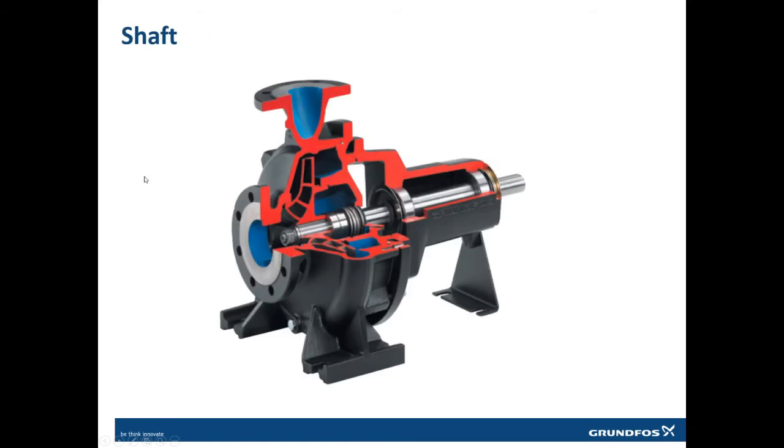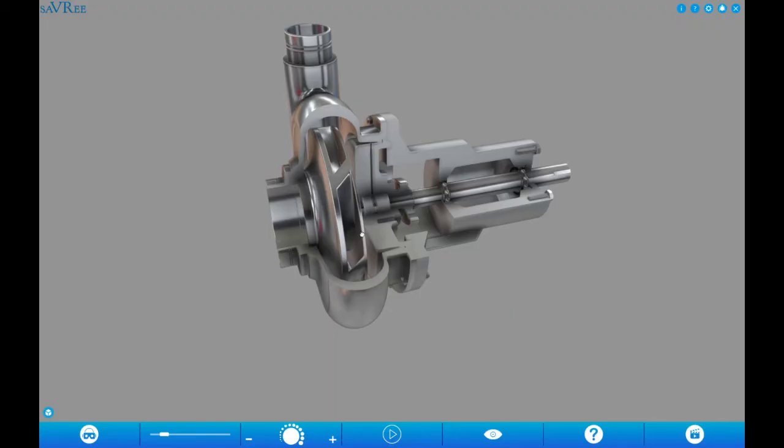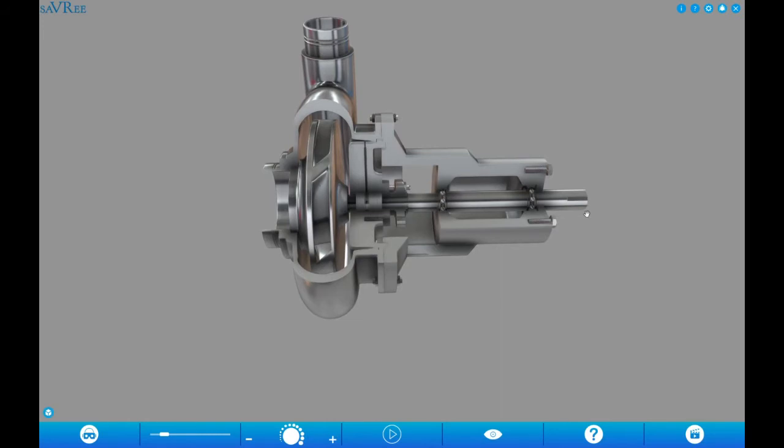Now coming to the third most important part of the pump, the shaft. The shaft of the pump is the component which runs throughout the pump and connects the pump to the driving force. The driving force could be an electric motor, a steam engine or a diesel engine, or anything which can rotate something.